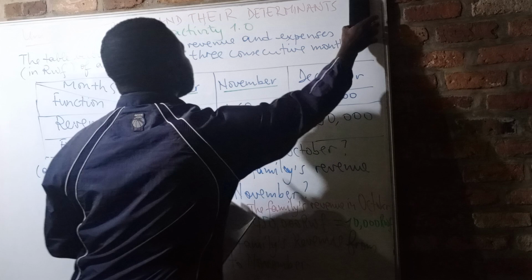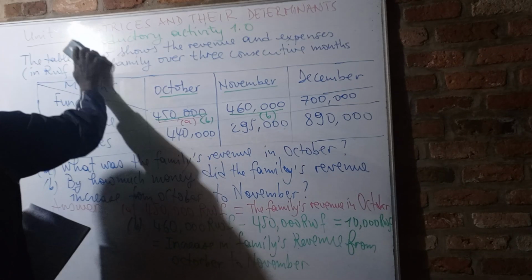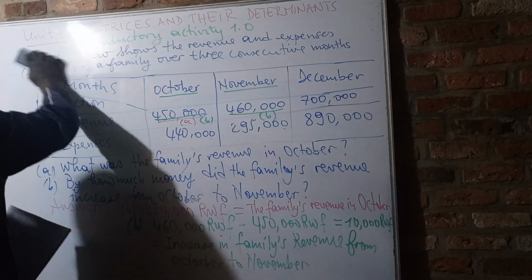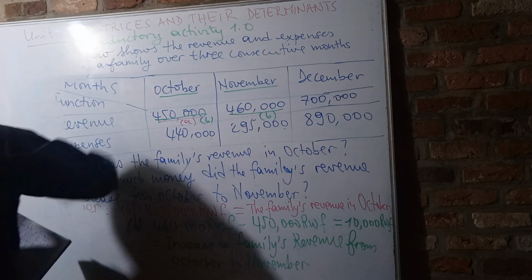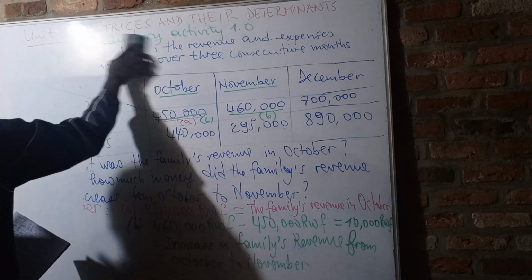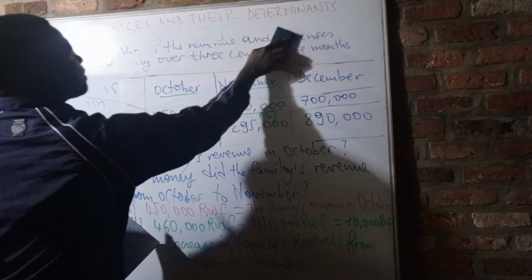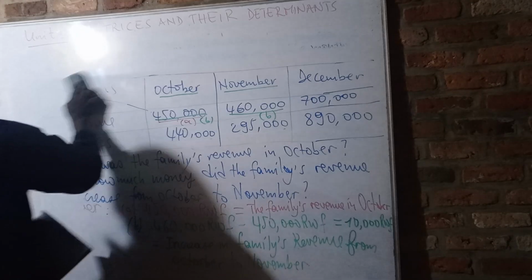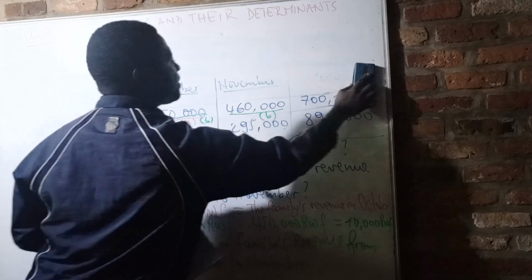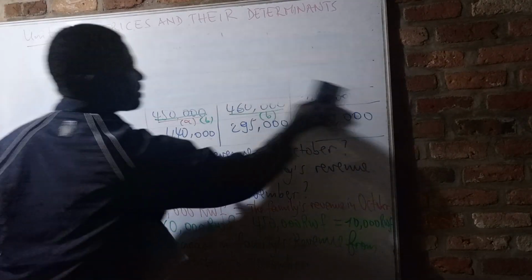Let's do it. We are still in learning unit 1, and then we're gonna be talking about some activities on generalities on matrices.